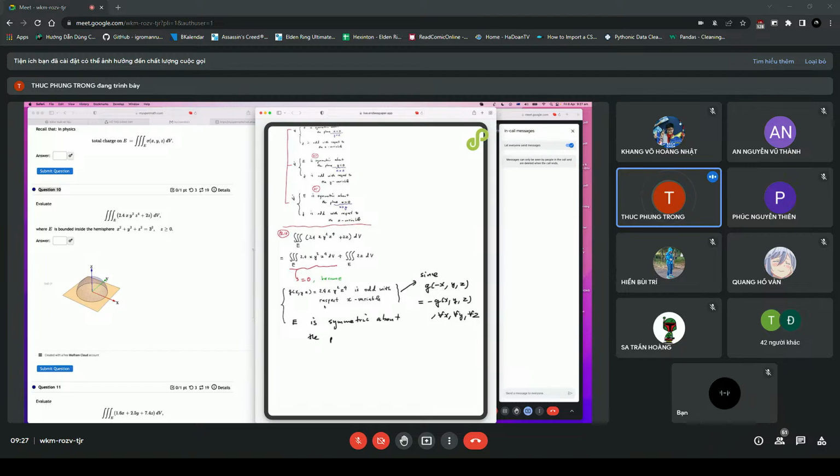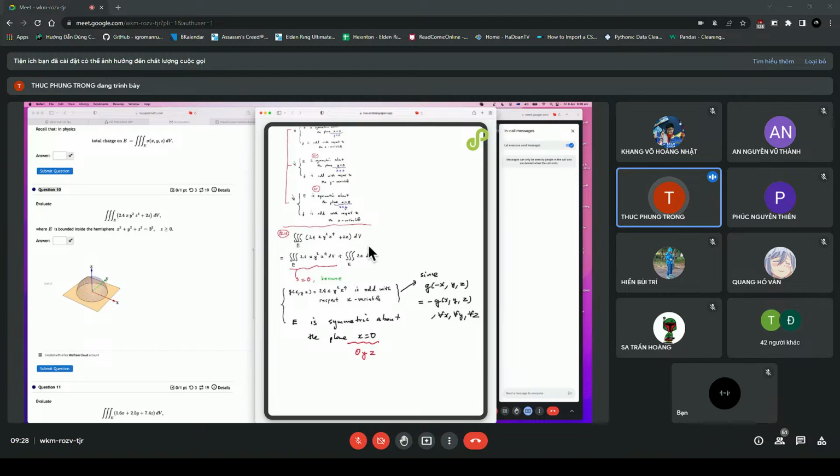You can look at the picture and see that the domain is obviously symmetric about the plane s equals 0. You should have the same if you would like to use the statement. All right, so we have 0 for this one because of this.